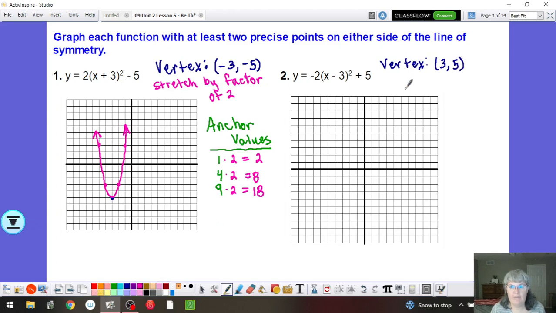This time we have a reflection over the x-axis, or what we have said is open down. And we have a stretch by a factor of 2 again.